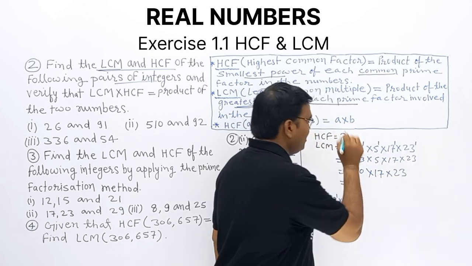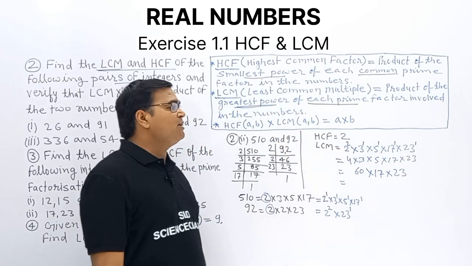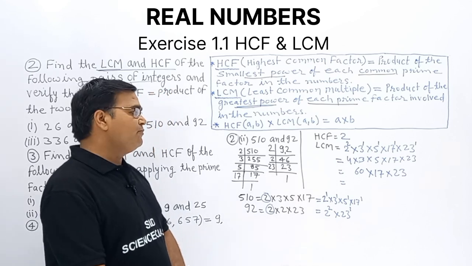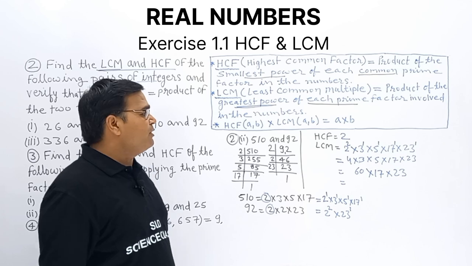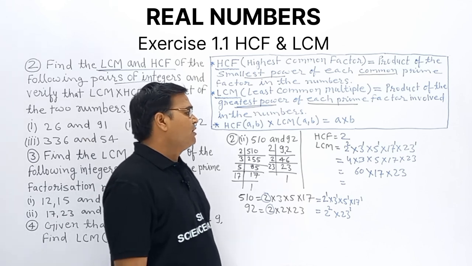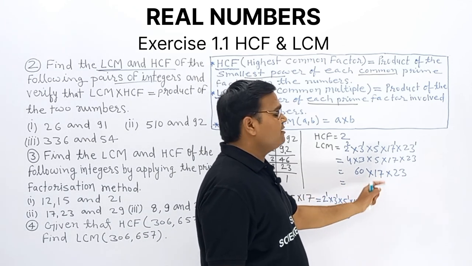Now multiply. Tables up to 20. If we know them well, these tables are useful for calculation in this chapter. Now multiply 16 directly to 17.